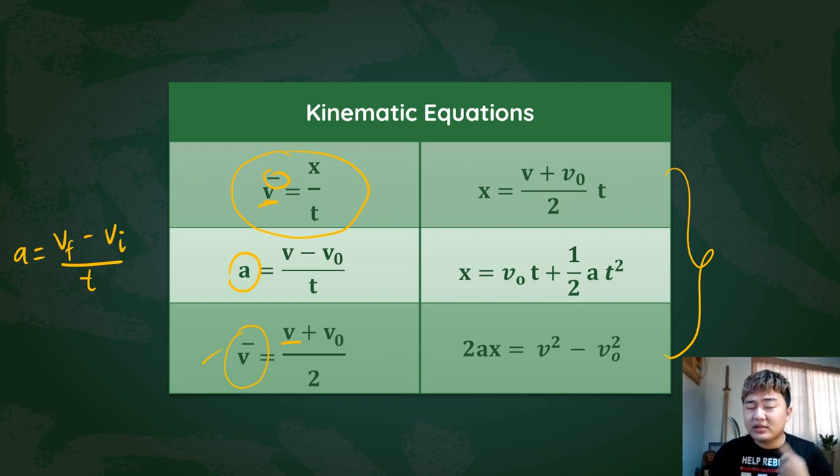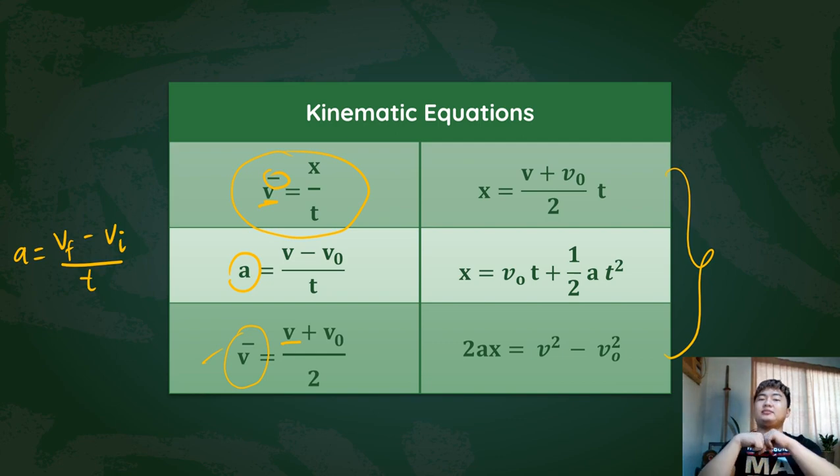So remember, what's important here is that you know what quantities the letters represent, what these variables are. Now, with all of these 6 equations, how will you know what equation to use? When you solve a problem, of course, you need to identify the given values. And as you identify the given values, you also have your unknown value, the one that is required for you to solve.